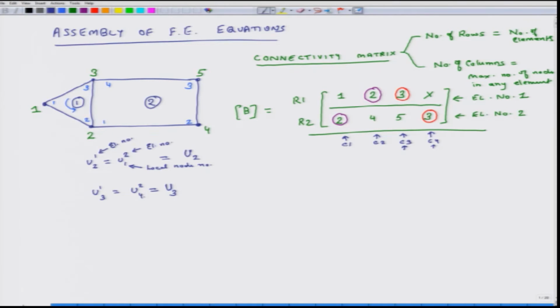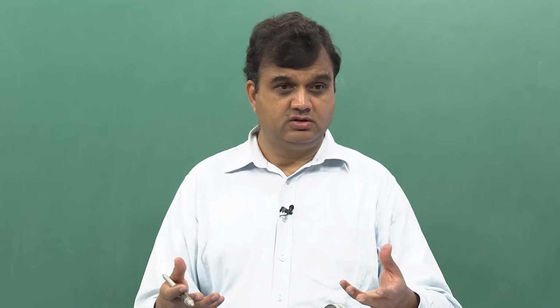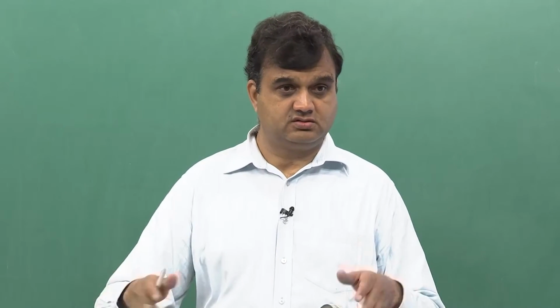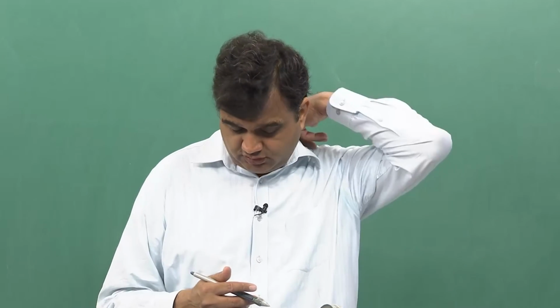Okay. So, the moment you define a connectivity matrix, from that connectivity matrix you can enforce these displacement continuity relations across the boundary of elements. Wherever two elements meet, you can enforce continuity of primary variables, because we know that primary variables have to be continuous. During assembly we have to ensure that.